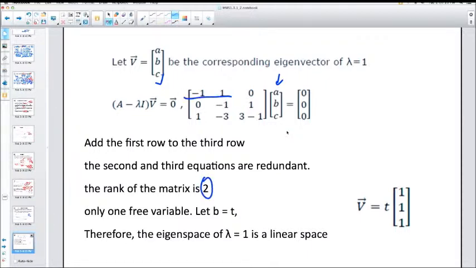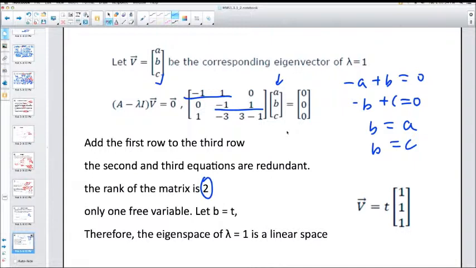You clearly see the first and the third are 2 different equations. You got the negative A plus B equals 0, and the negative B plus C equals 0. Well, I can see the B equals A, and the B also equals C. And if you let the B equal 1, you only got the A and the C also equal 1. So that's the only eigenvector you have.